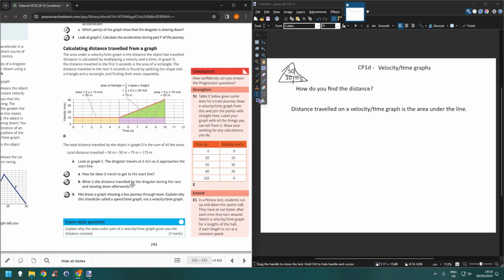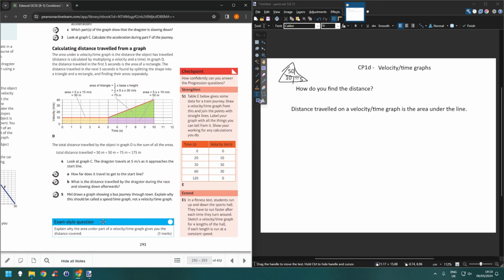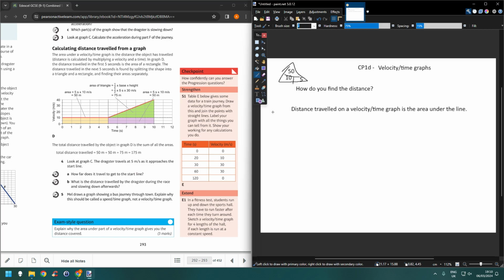And there's an exam style question here. Explain why the area under part of a velocity time graph gives you the distance covered. I think I explained this already, but I'm going to go into further detail.